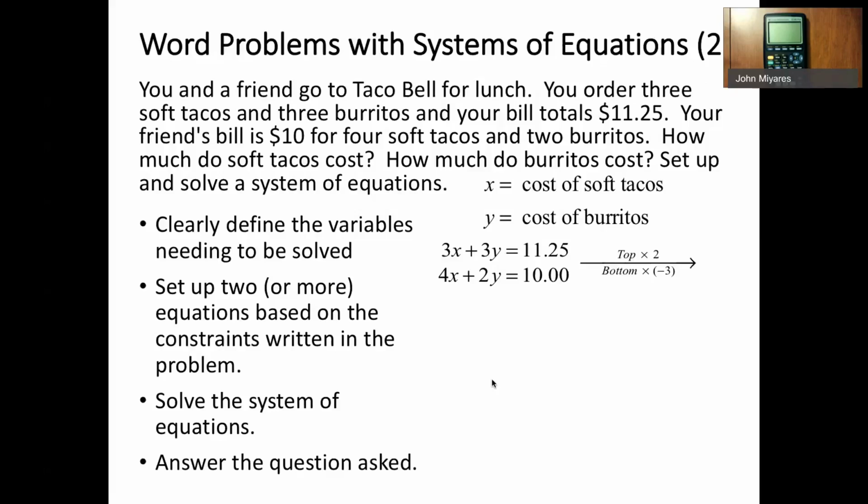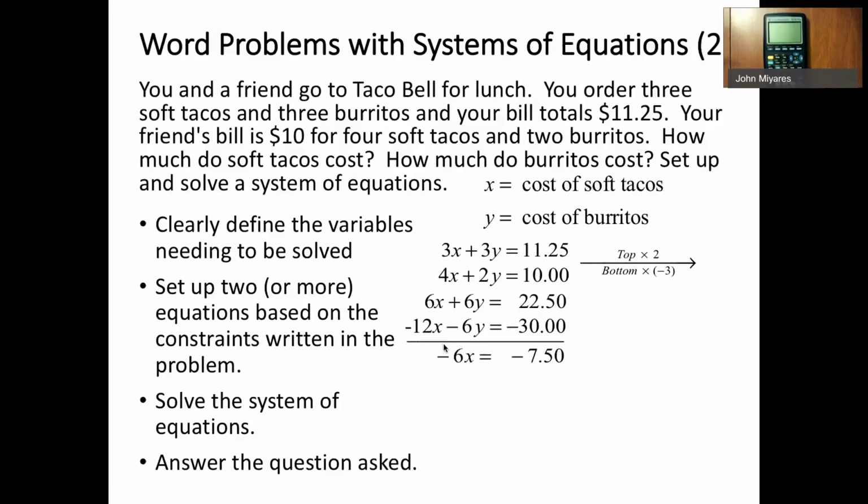I'm picking these values because doing so will make the top equation 6x plus 6y equals 22.50, and the bottom equation will be -12x minus 6y equals -30. This way, the plus 6y in the first equation is going to cancel out with the minus 6y in the bottom equation when I combine the 2 equations with each other.